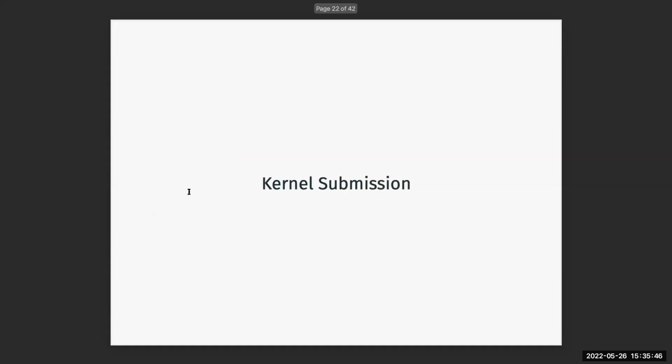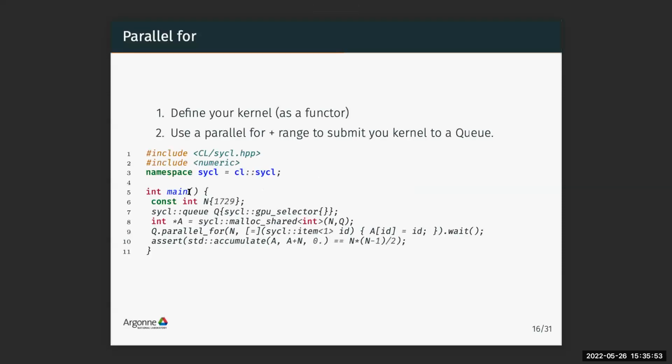Perfect. I have memory, so now I want to use my memory. I want to do some submission. And here, if you are not familiar with C++, you are a little sad. If you like C++, you will find this slide totally normal. Now you need to use those lambdas, this little bracket here. Parallel for can take a lambda, and you just execute the lambda. In the first argument, you give the number of iterations you want to do.